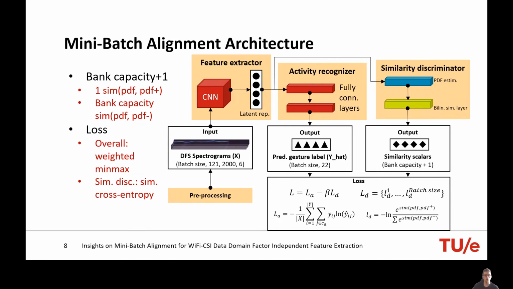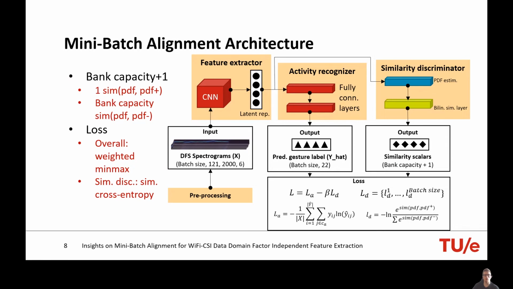So first, we pre-process the data into Doppler frequency spectrograms, which essentially explain the amount of motion within specific Doppler frequency regions. These spectrograms are fed into a convolutional neural network consisting of mobile net blocks, which are essentially a more efficient version of normal convolution operations.